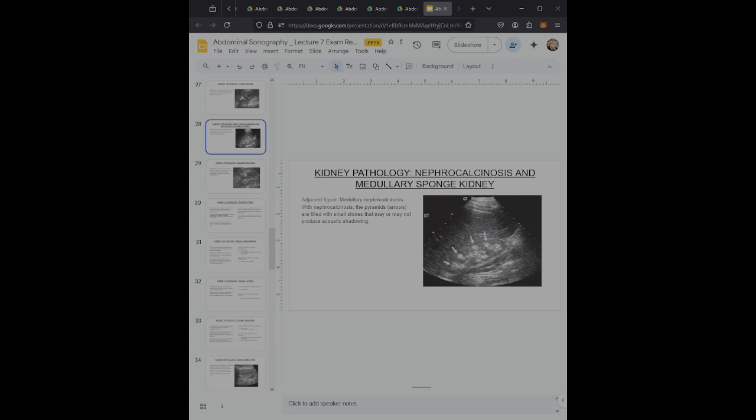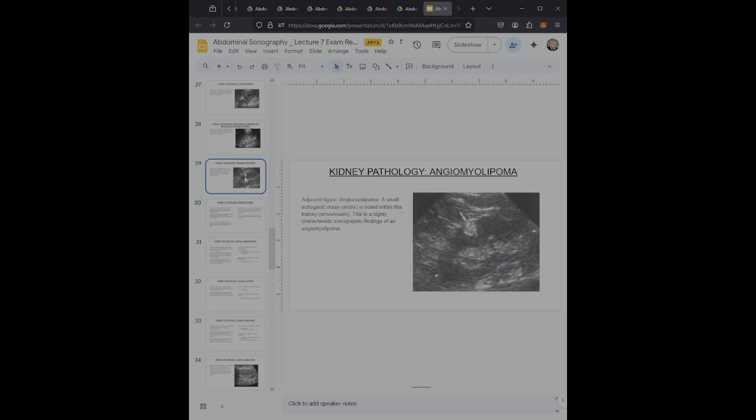Sonographically, we see echogenic renal pyramids in the cases of medullary sponge kidney, and in cases of cortical nephrocalcinosis, we see echogenic foci within the cortex. Here is a case of medullary nephrocalcinosis, and we can see echogenic foci within the renal pyramids.